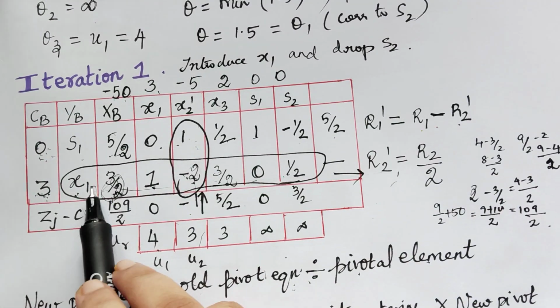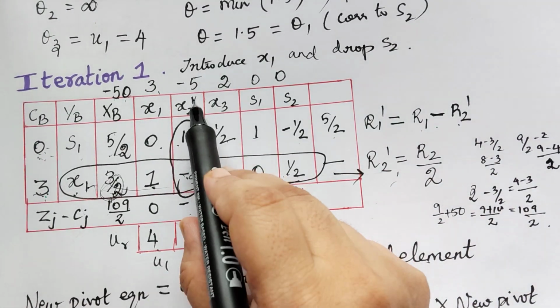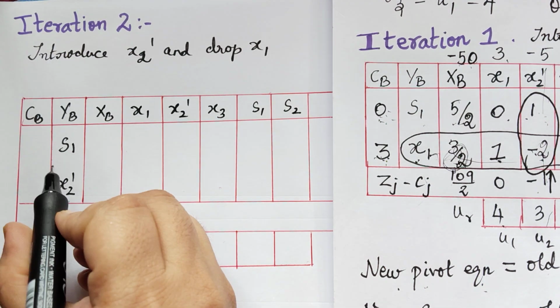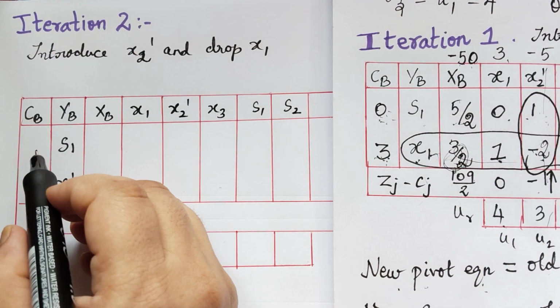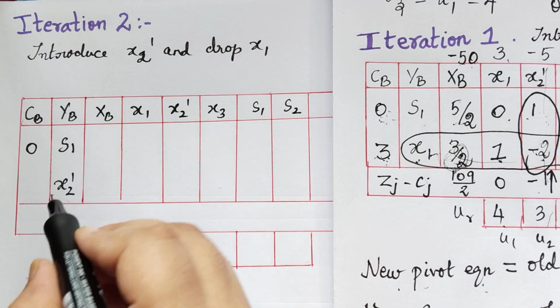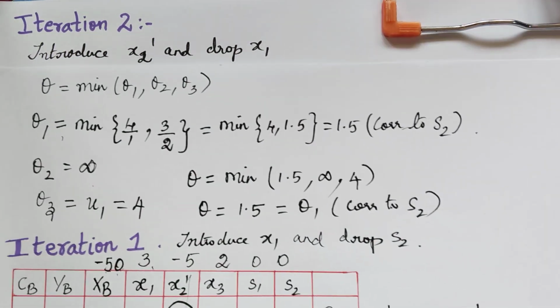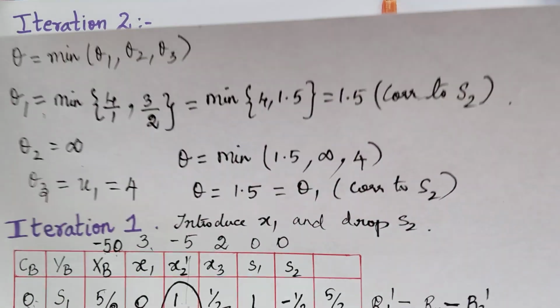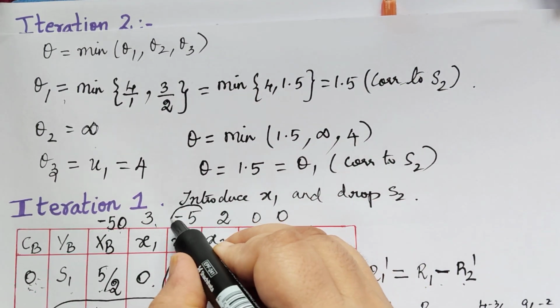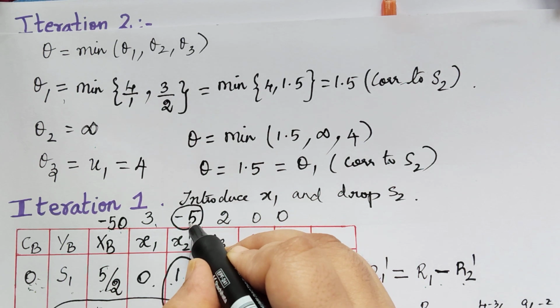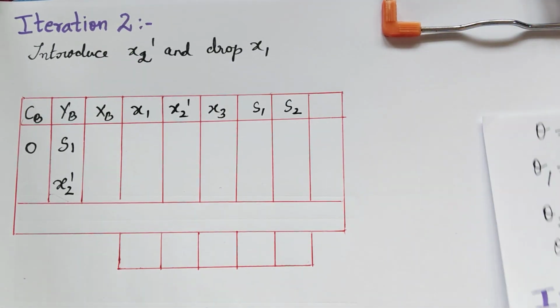Now x1 leaves the table and x2 dash enters the table. So here you will have x2 dash. And what is the cost of s1? It is 0. And what about the cost of x2 dash? We have updated the variable x2 as x2 dash, and the cost changed as minus 5. So remember this, this will be the cost. So that cost we have to write.